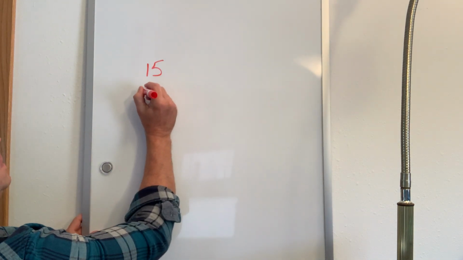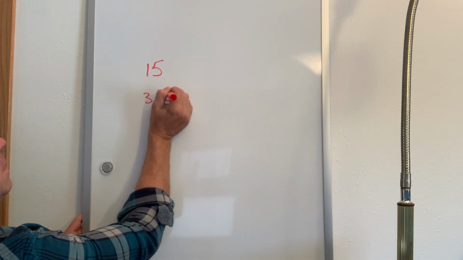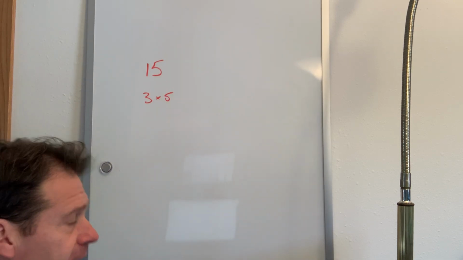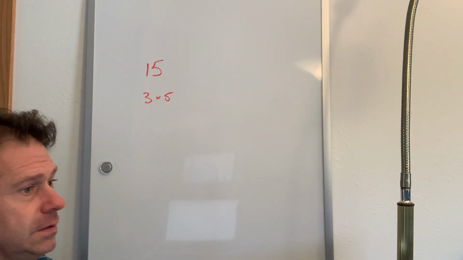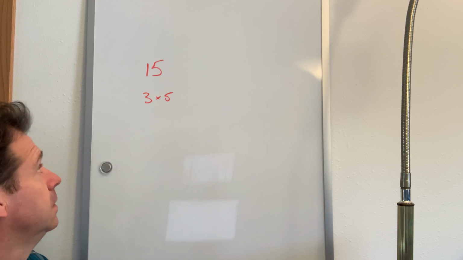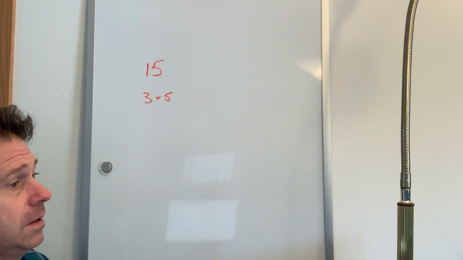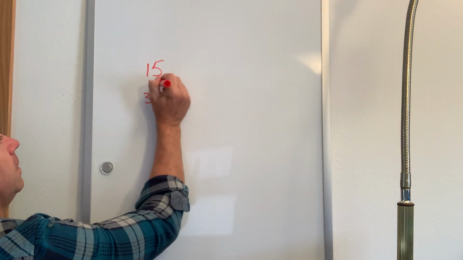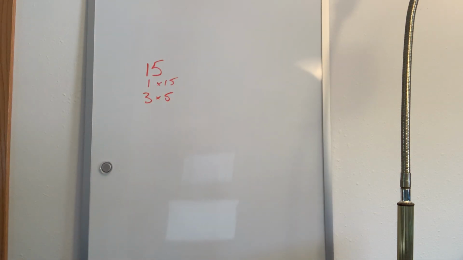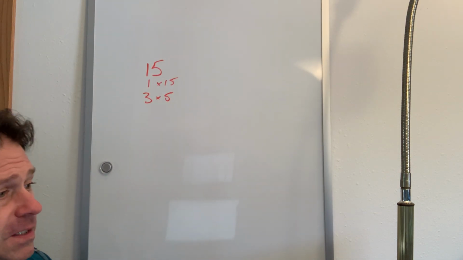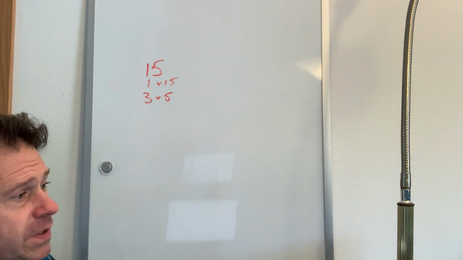Okay, good. And give me another factor pair. Will. 1 and 15. Very good. So the factors for 15 are 1, 3, 5, and 15, right? That's what we did the other day.